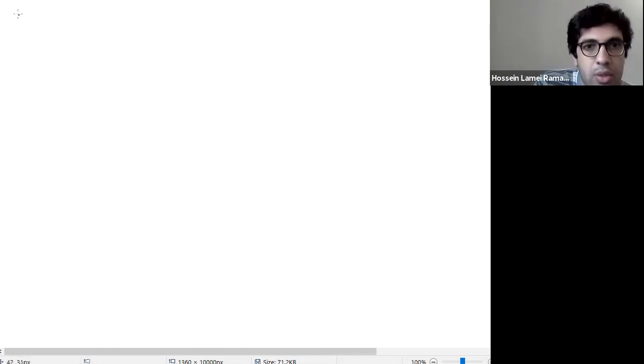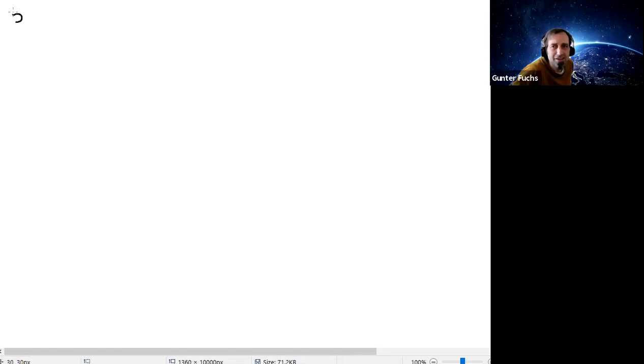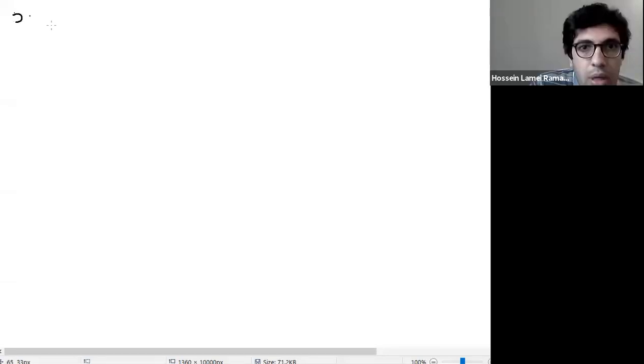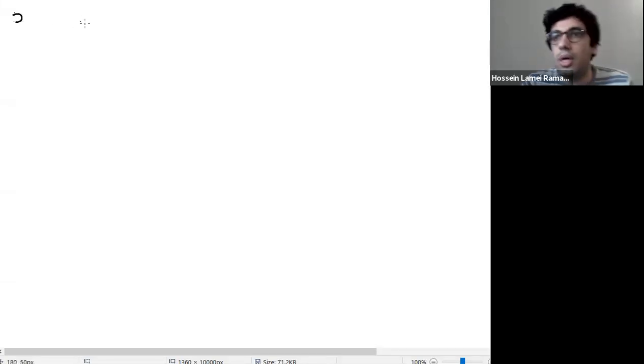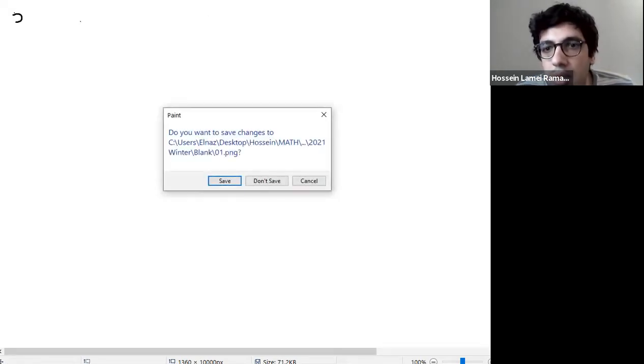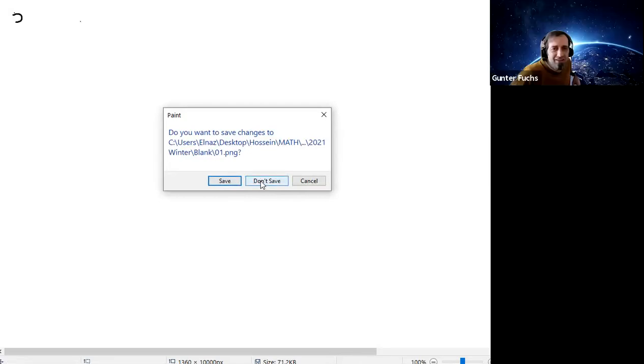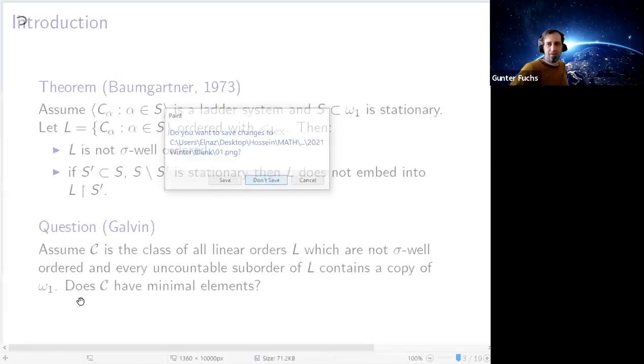So we take a ladder system. Yes, I know what all of that is, but what does it mean, the lexicographical ordering on this? Oh, okay. Let me reopen the whiteboard, the Paint application.